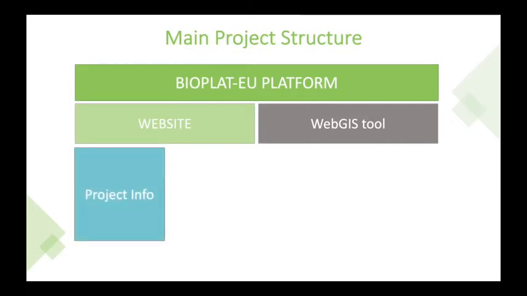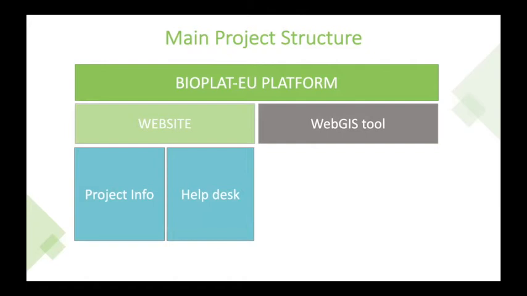In the website, you can find general but also technical information, such as news and events, but also technical deliverable information on the project, on the partners, and guidelines, the manual for the WebGIS tool. And then we have the help desk where users can address questions, and where you have experts from the different partners.